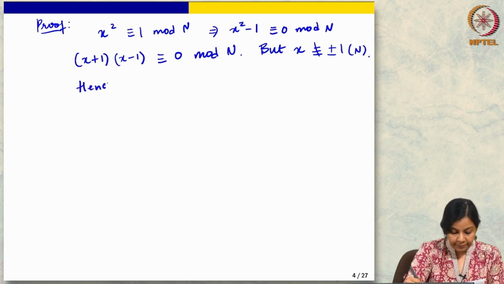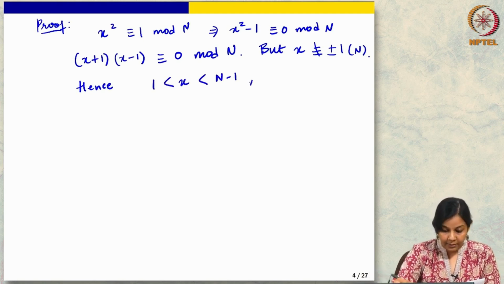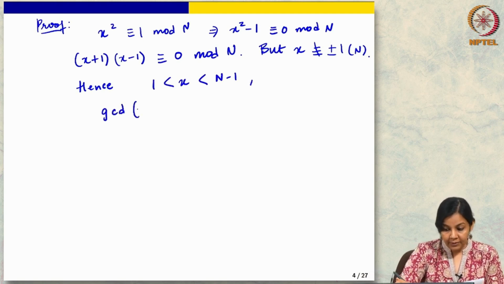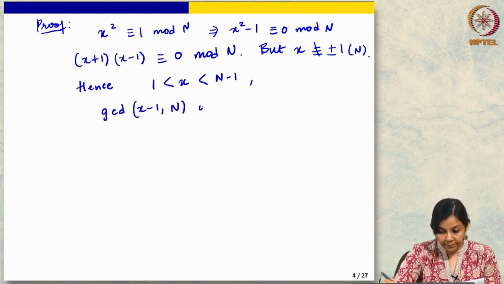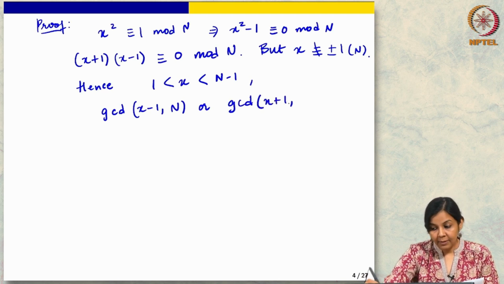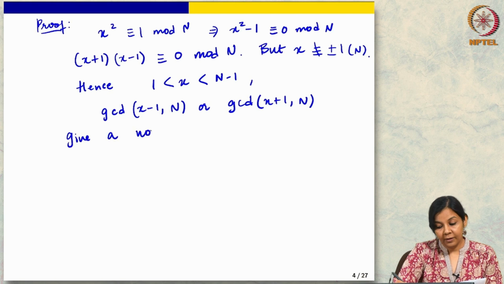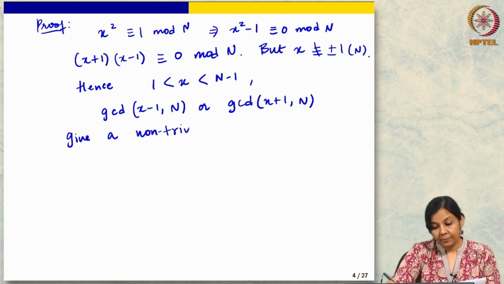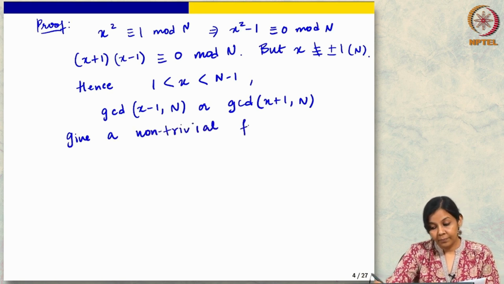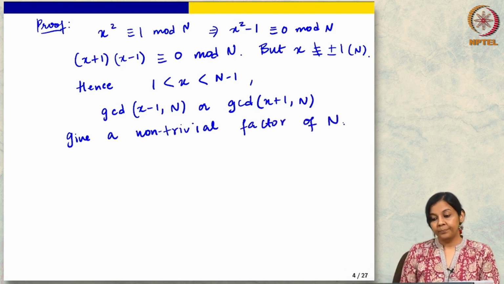Hence, x lies between n minus 1 and 1. So, GCD of x minus 1 and n or GCD of x plus 1 and n give a non-trivial factor of n.